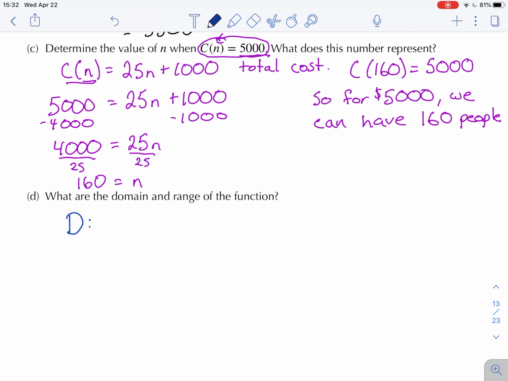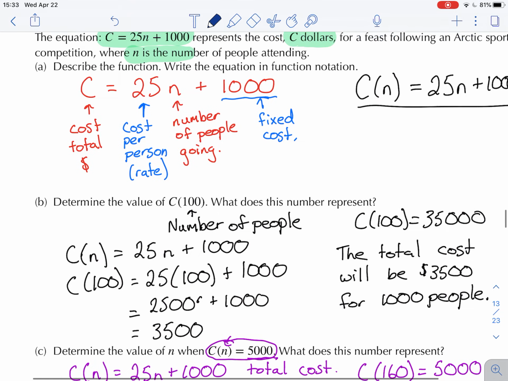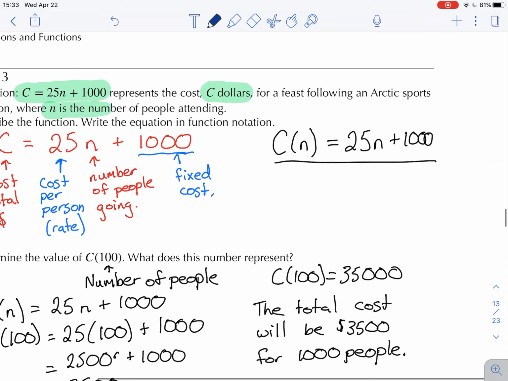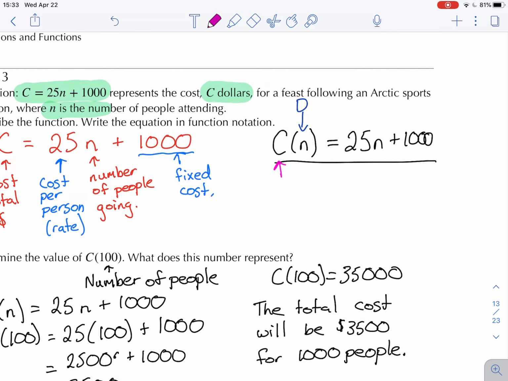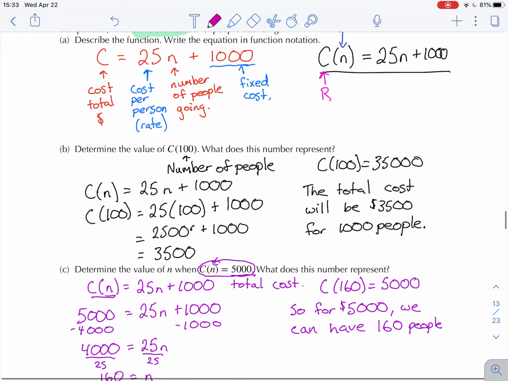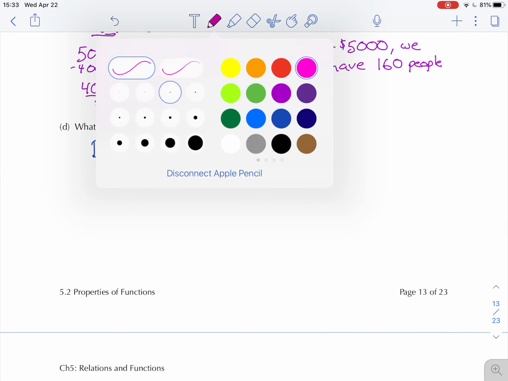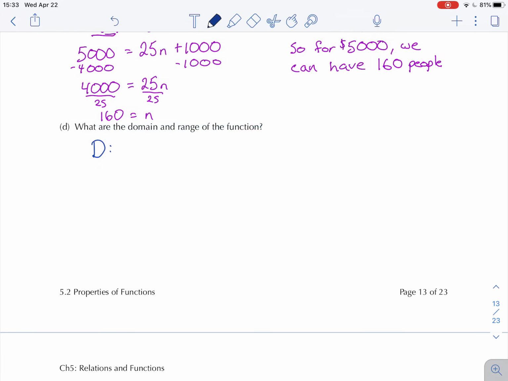All right, let's take a look at what are the domain and range of the function. The domain. Now, when we look at our function up here, this is always our domain variable. That's our domain variable. Our range variable is that one out there. So our domain is the number of people.